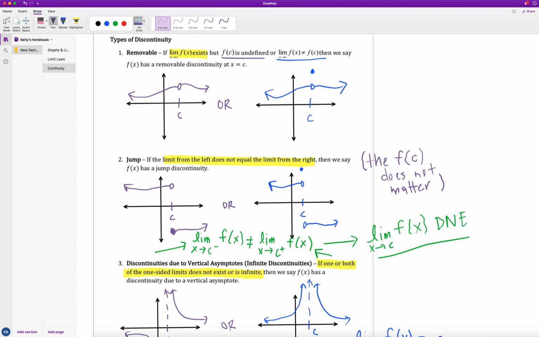So writing this out with formal notation just to make sure you have it, here on our first example we'd say the limit as x approaches c of f of x exists but f of c is undefined.